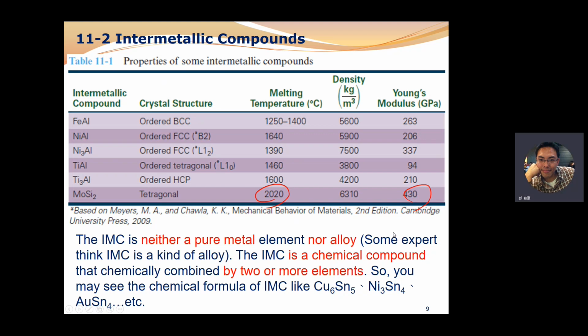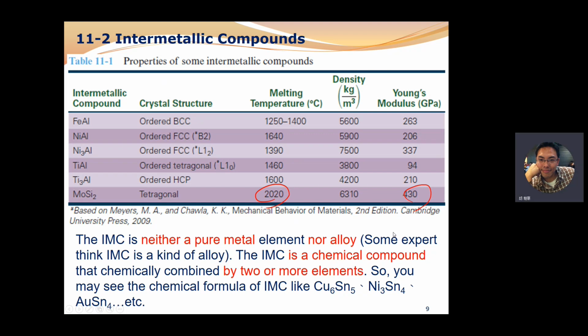Okay, so the intermetallic compound, or just say IMC, is neither a pure metal element nor an alloy. So IMC is a chemical compound that is chemically combined by two or more elements. Do you think it is a good composite or metal compound? We already know that the dispersed phase should be hard and strong, right?